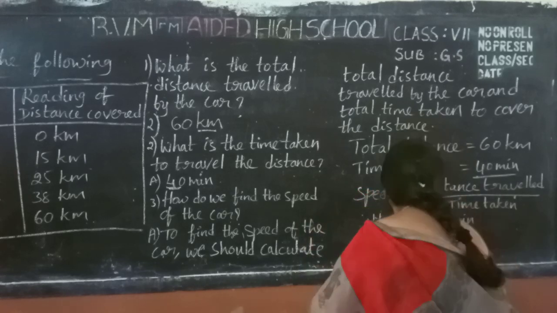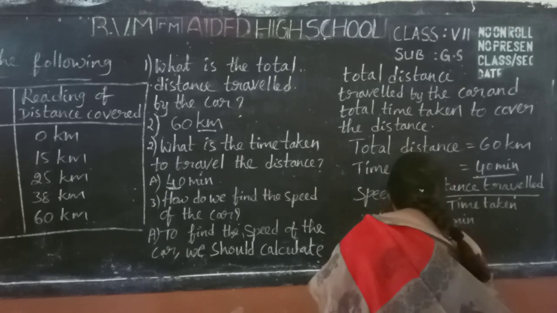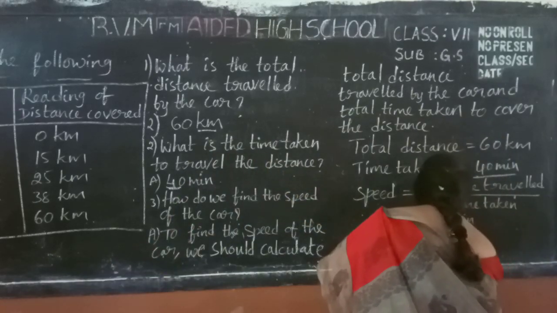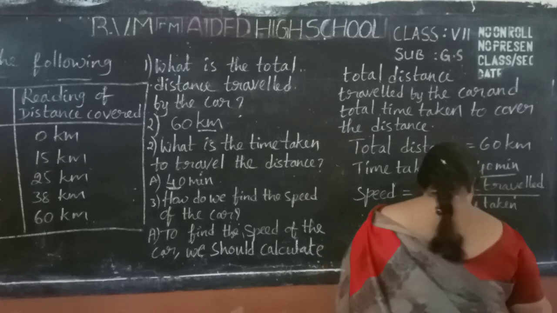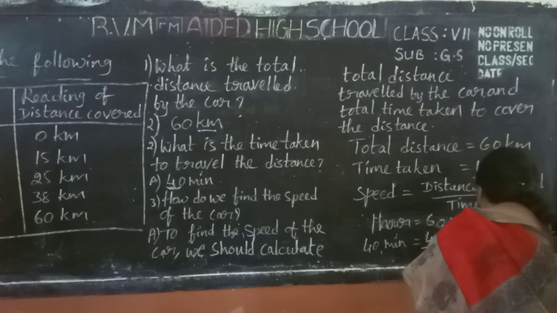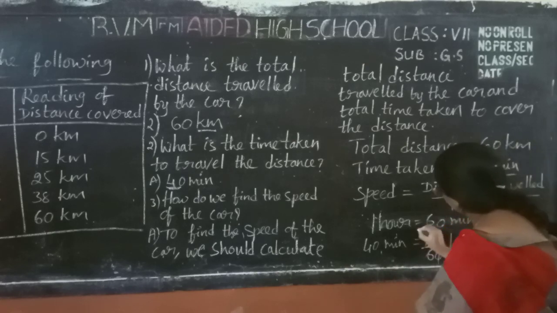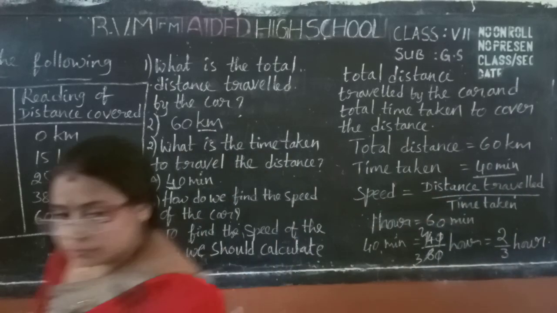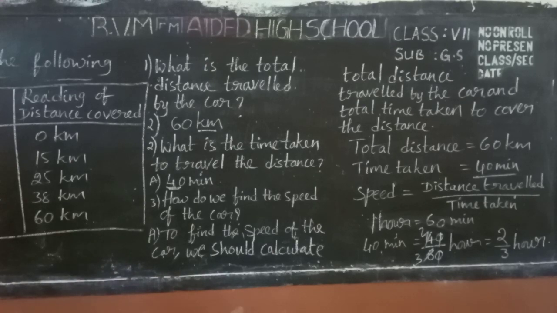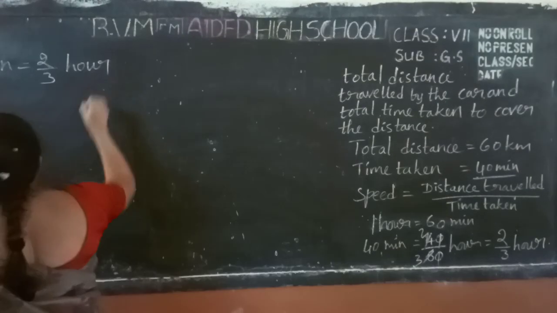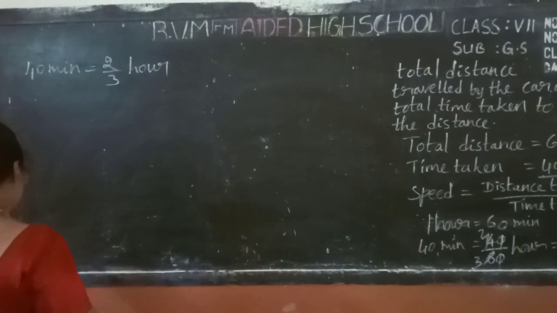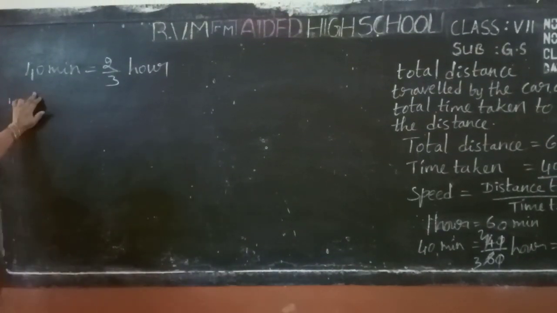So 40 minutes equals 40 by 60. So 40 minutes equals 2 by 3 hour.